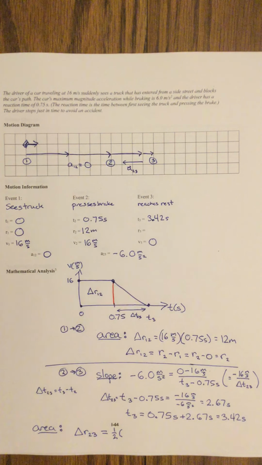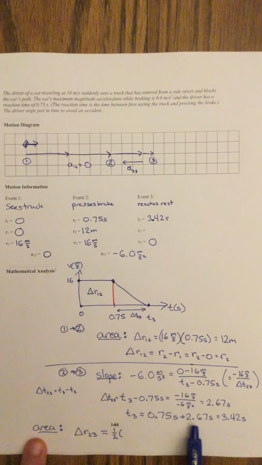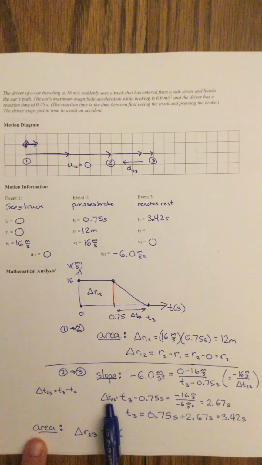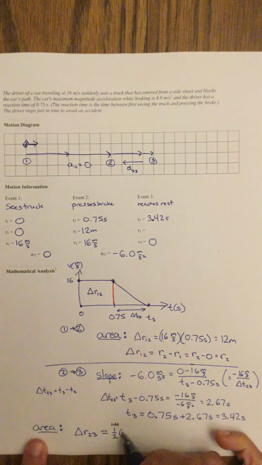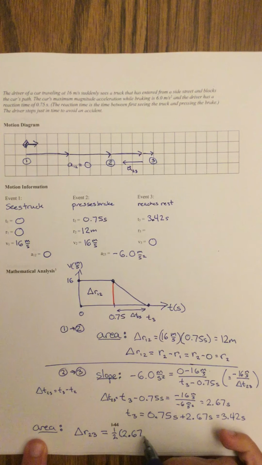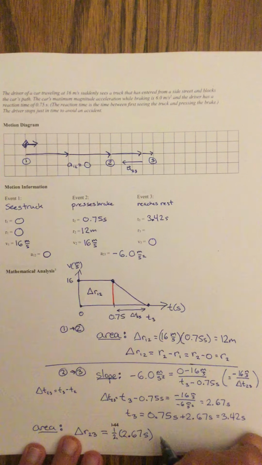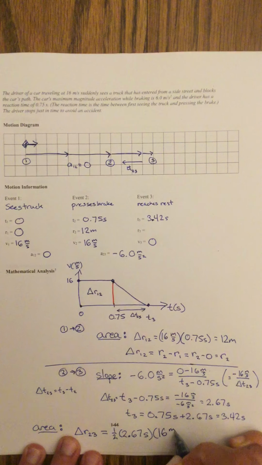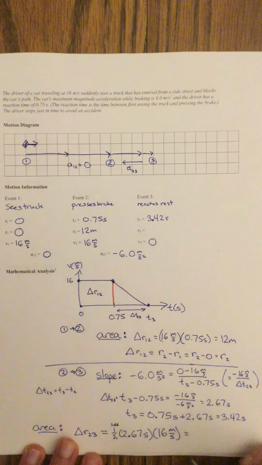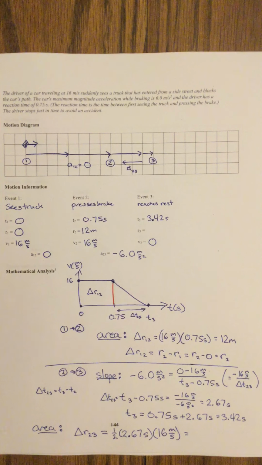So you could call it delta T 2, 3, or you can call it T3 minus 0.75, but actually we can do even better than that. I know now this is 2.67 seconds for delta T 2, 3, so let's just put in the 2.67 seconds. So that's the base here. And the height is 16 meters per second. Wonderful.